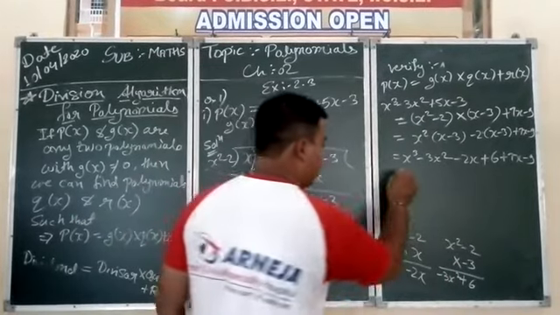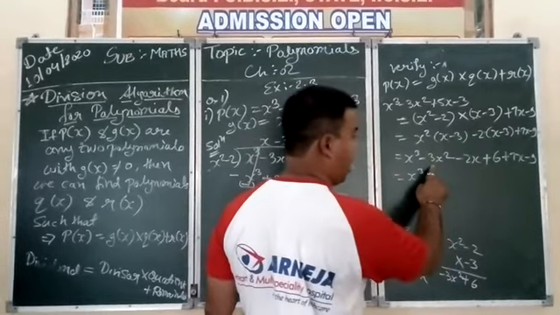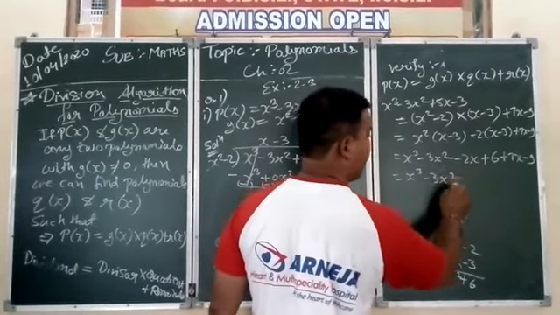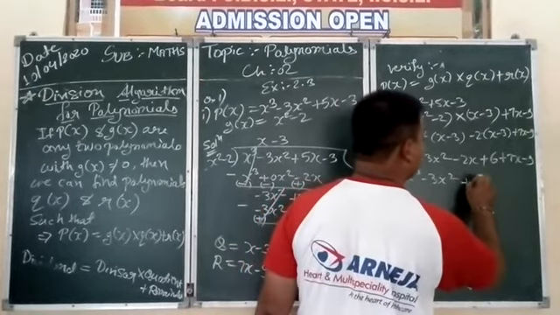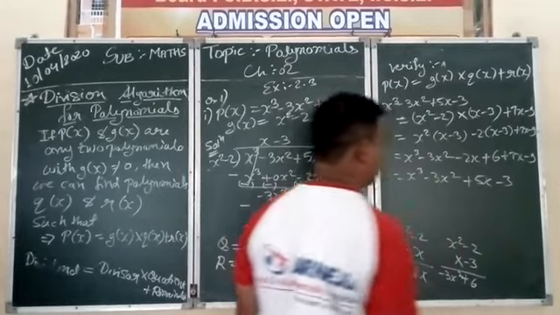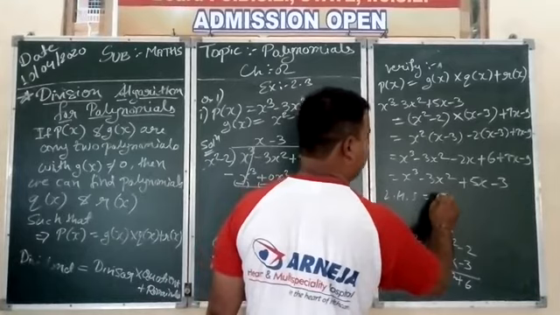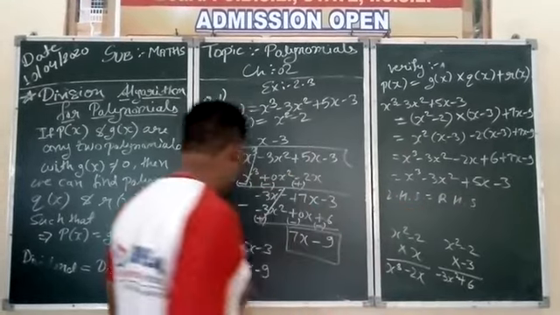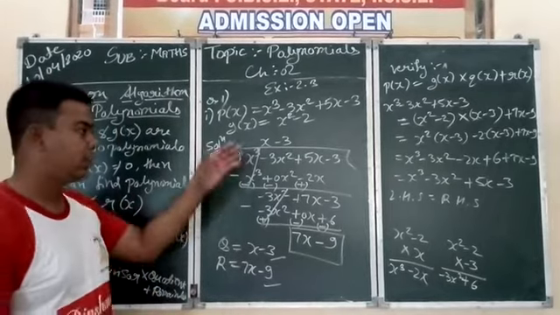Now see the terms: x cube minus 3x square, minus 2x plus 7x is 5x, and plus 6 minus 9 is minus 3. So our LHS is equal to RHS. So our quotient Q and remainder R are correct.